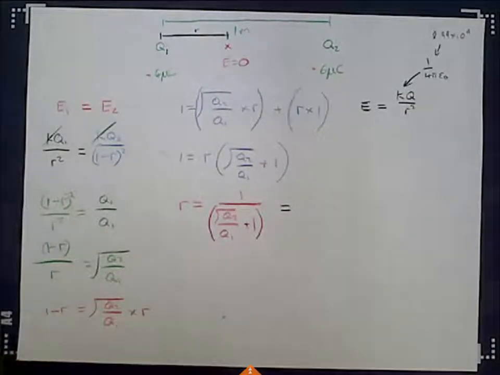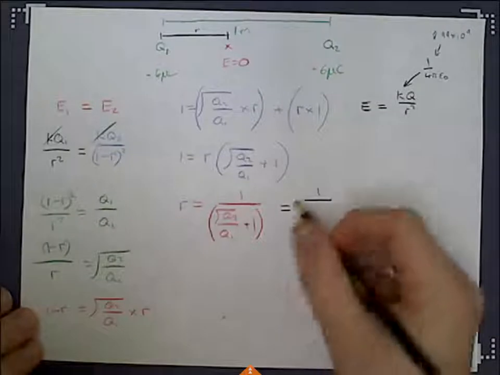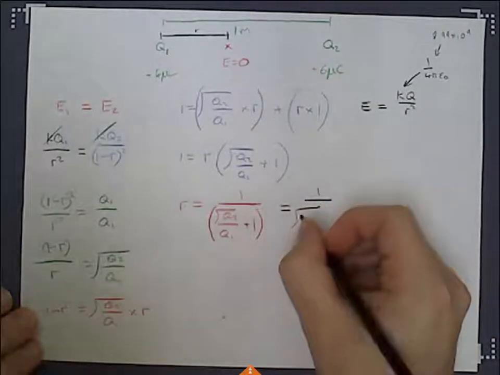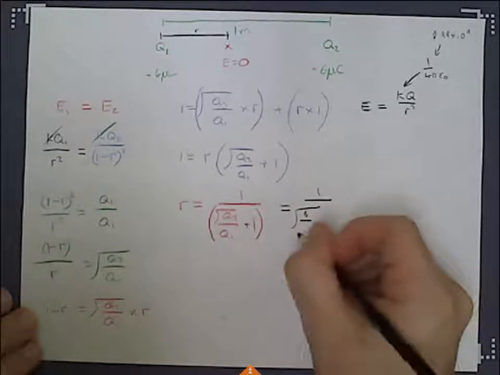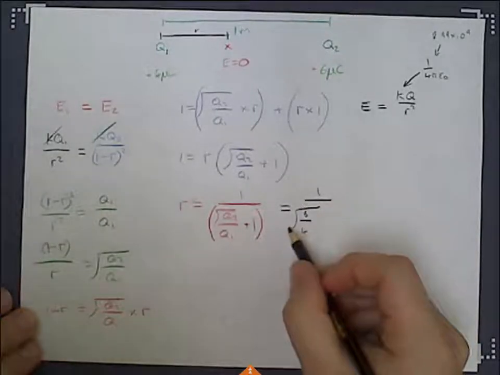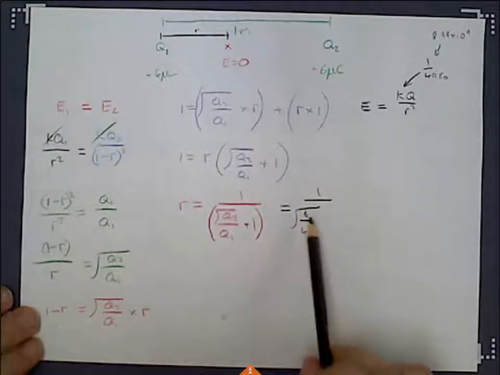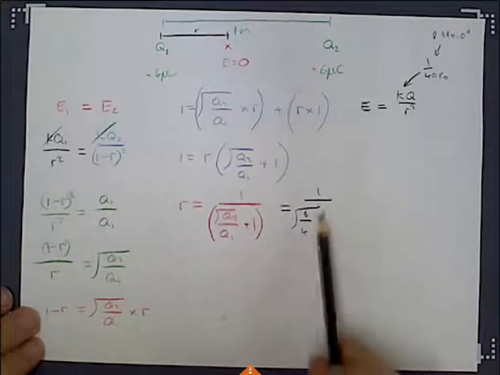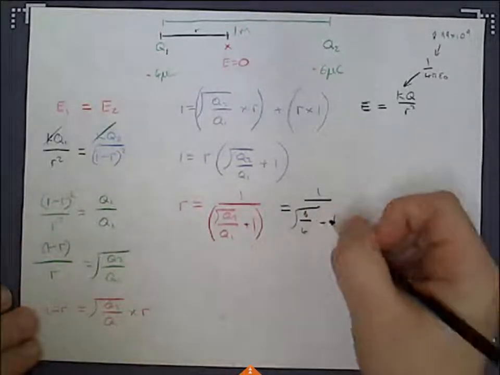So I can plumb in all these numbers, and root Q2 over Q1 is going to be 6 over 4. Now you might be looking at this and going, wait, you've missed the micro. No, I haven't. I've just realized that I can cancel both the micros in each case. So times 10 to the minus 6 over times 10 to the minus 6, those will both cancel in this instance. Plus 1.